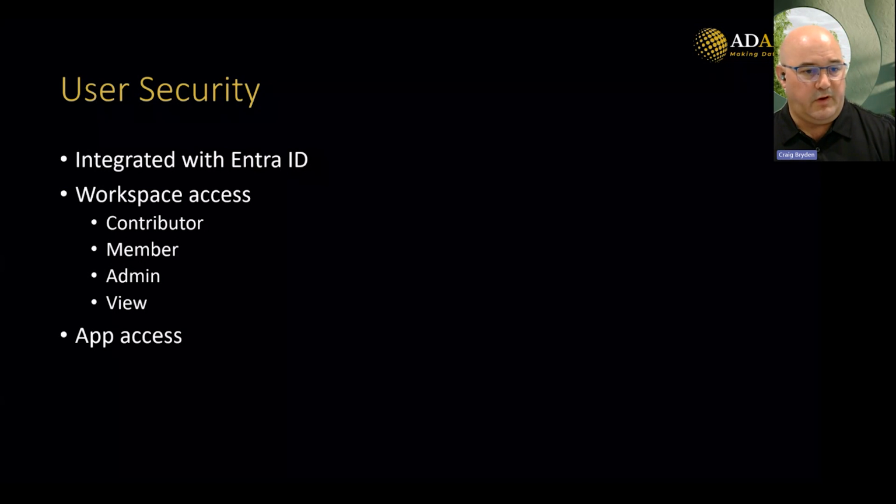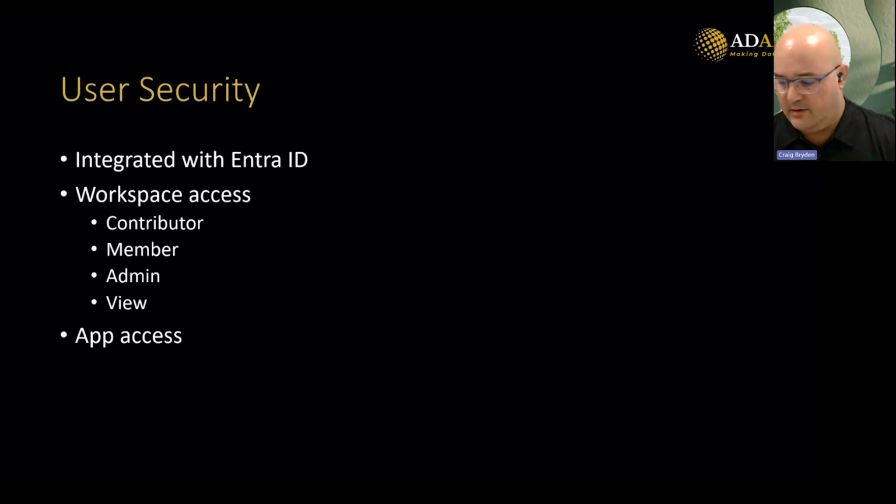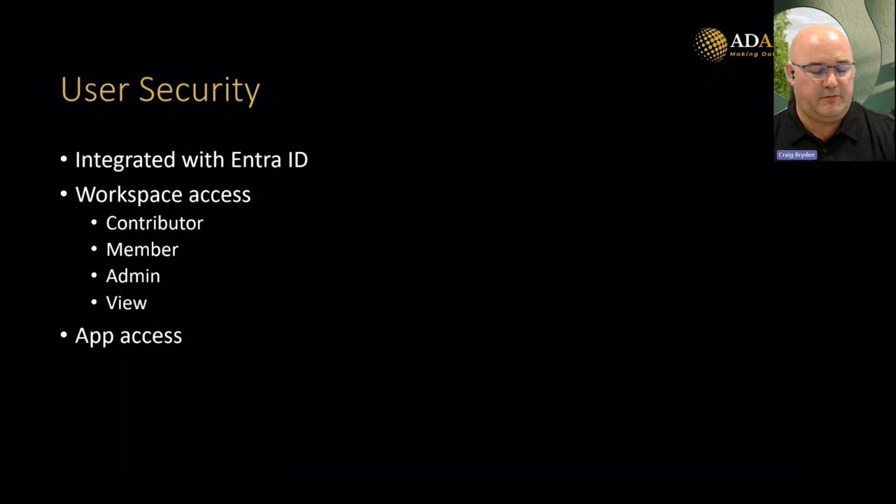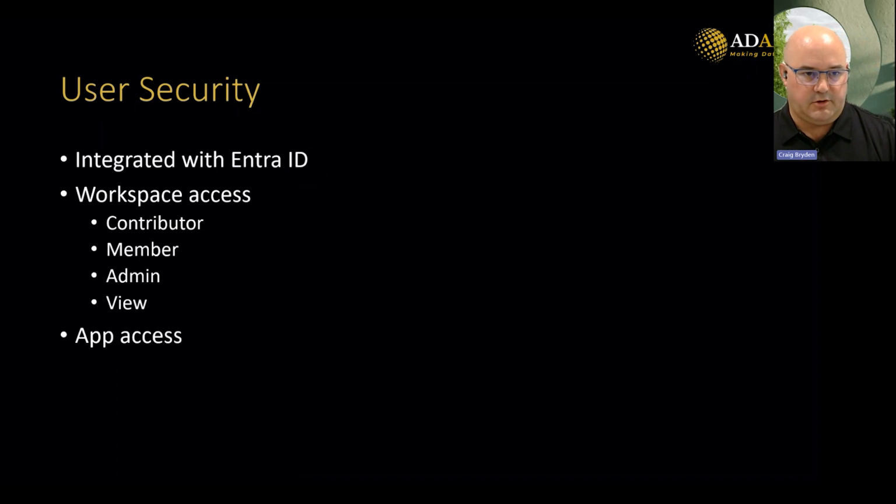And then when we look at the app, which, just to reiterate, is actually where the end users should be going. You can set multiple different audiences, which I mentioned before. For each audience, you can set who has access to that audience.